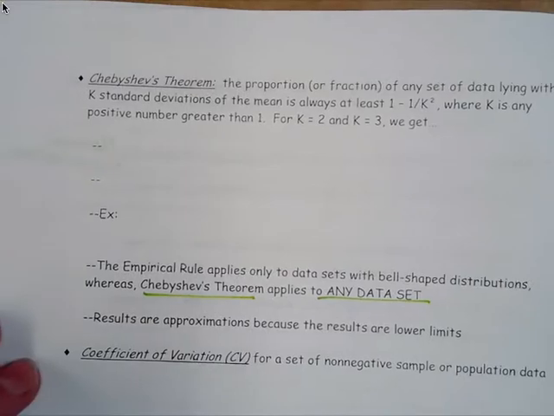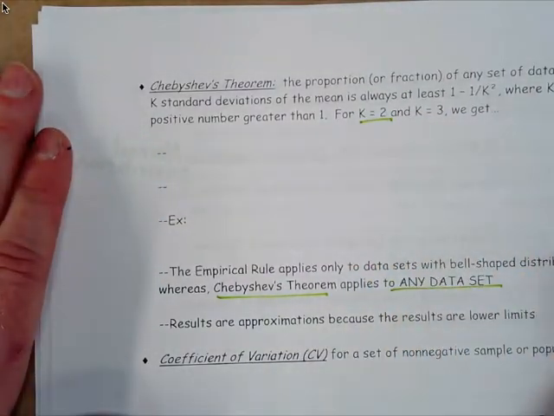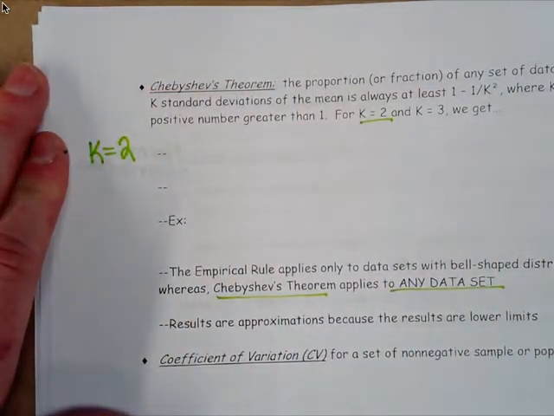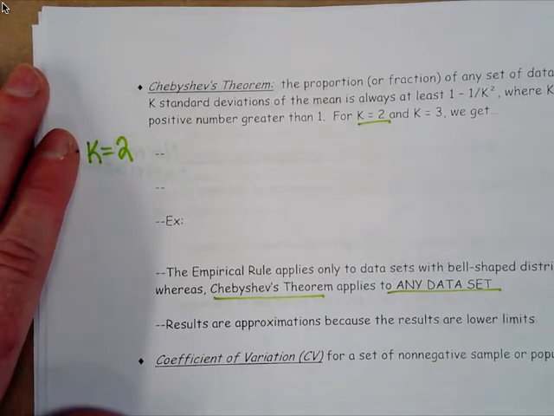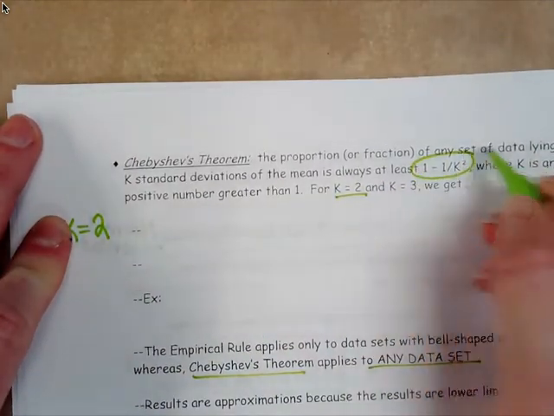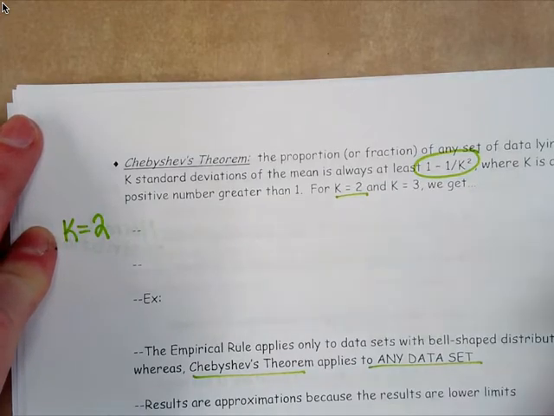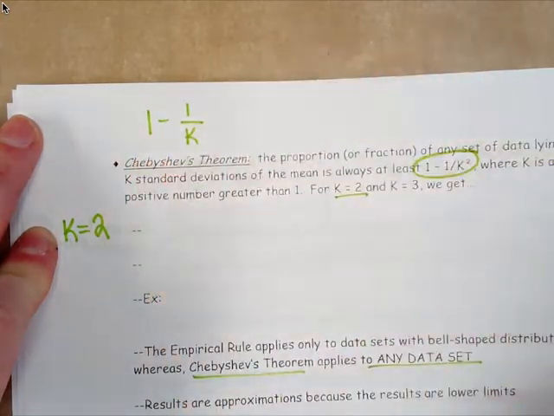So what we're going to do is plug in k equals 2. K is how many standard deviations away from the mean the data is. The way you find it is by using this formula: 1 minus 1 over k squared.